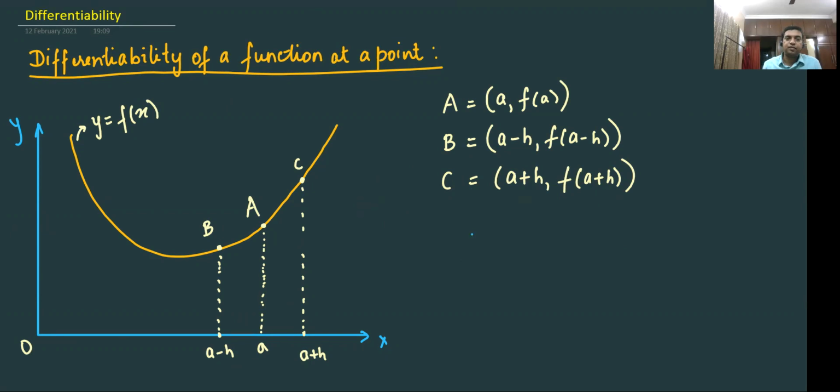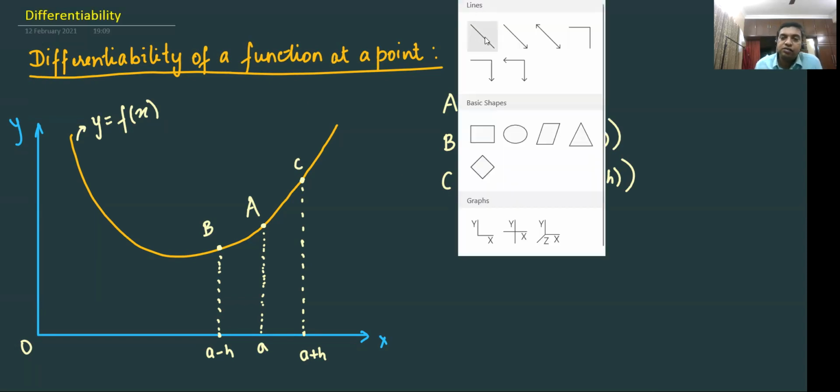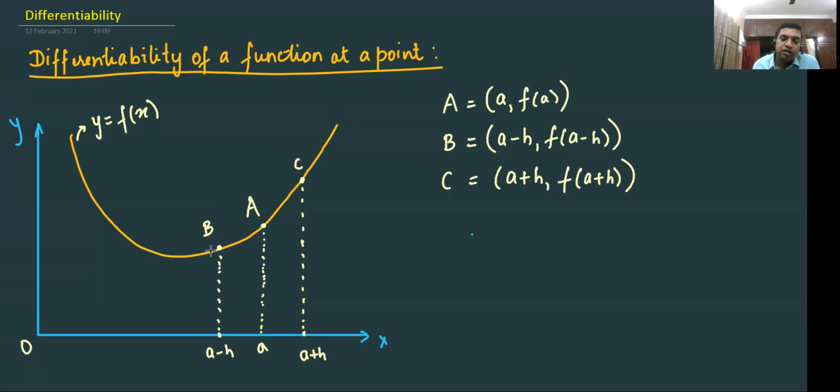So we have A, B, and C. Now let us join the points B and A and draw a chord.